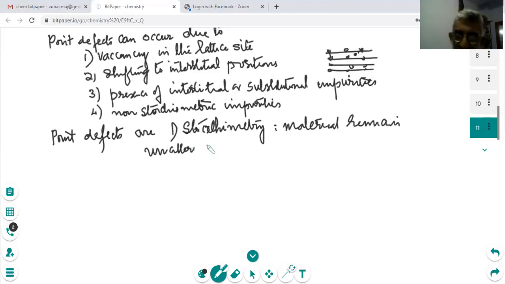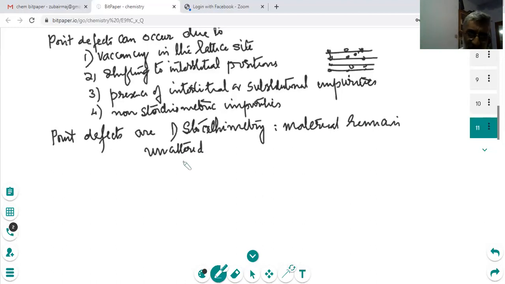So where does the change occur? The change occurs in the position. Now this can be intrinsic type or extrinsic type.